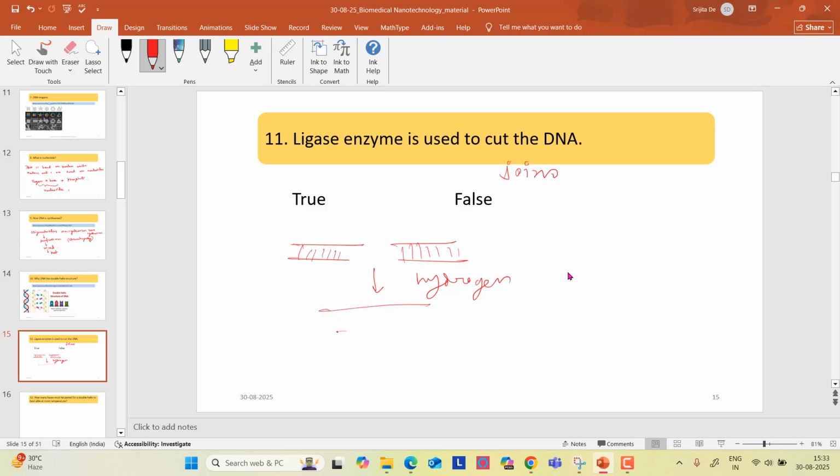They will form a structure together upon hydrogen bonding, and now the ligation happens and it will join these two and make a double helix structure. Okay, so the ligase enzyme's job is to join two different kinds of DNA.